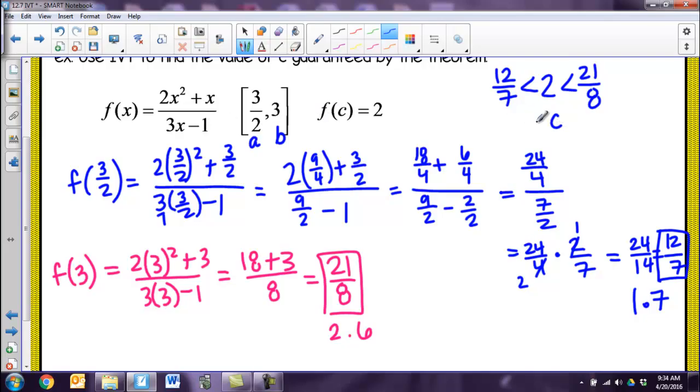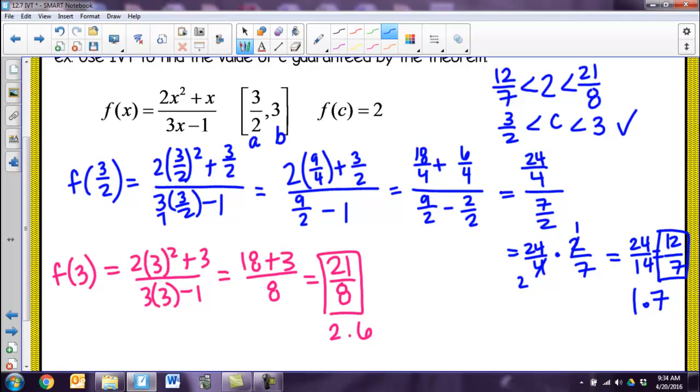So c is in between those two x values that I started with. I guaranteed that c value is in between those two fractiony numbers. I didn't say that c is equal to something, but I know it should be somewhere in between 3/2 or 1.5 and 3. Okay, and that is how you use the intermediate value theorem.